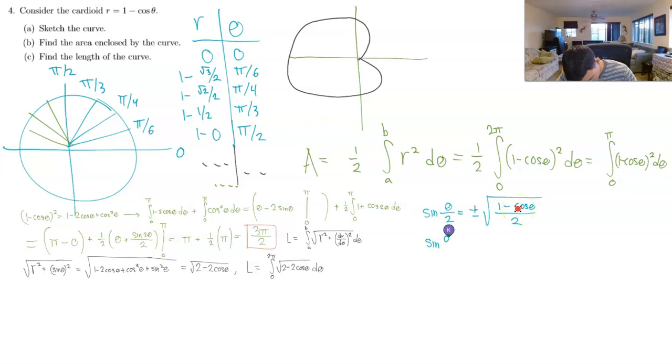So sine theta over 2, this becomes sine squared theta over 2, and then we get (1 minus cosine theta) over 2. Okay, and then I'm going to times by 2 here. So now I got 2 sine squared theta over 2 is equal to 1 minus cosine theta.